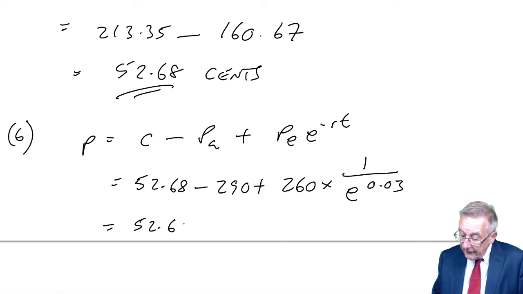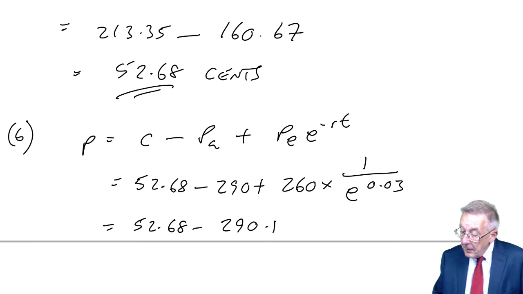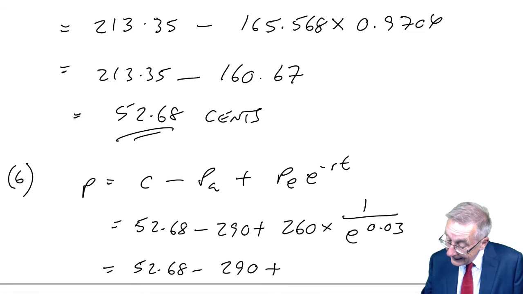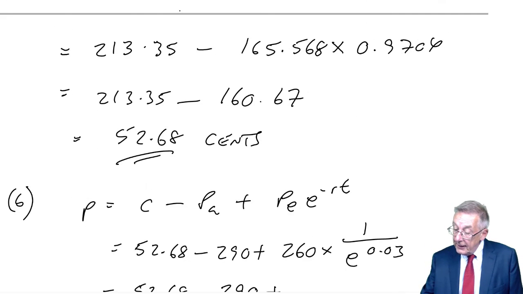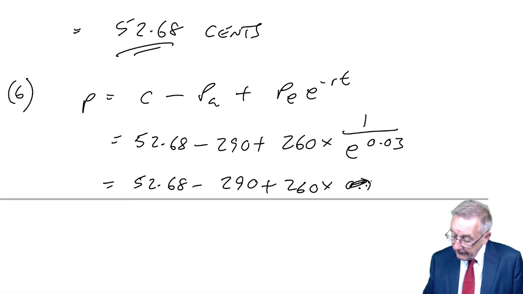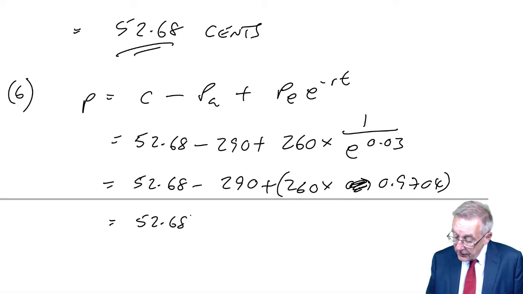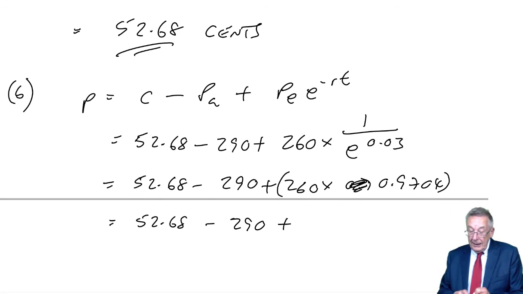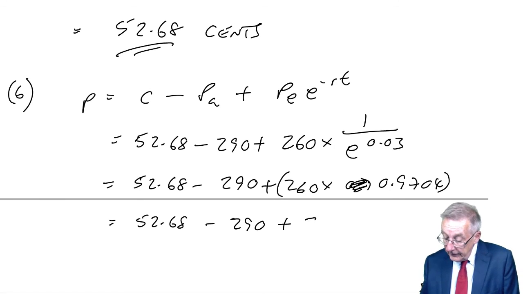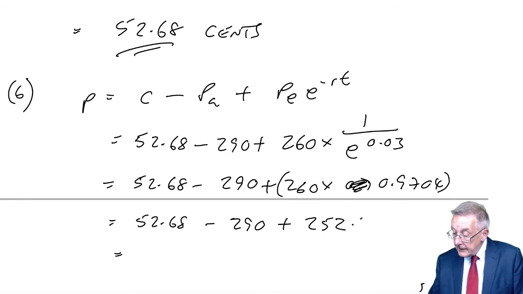So 52.68 minus 290 plus 260 times 1 divided by e to the 0.03, I did this before, it's 0.9704, which is 252.3.